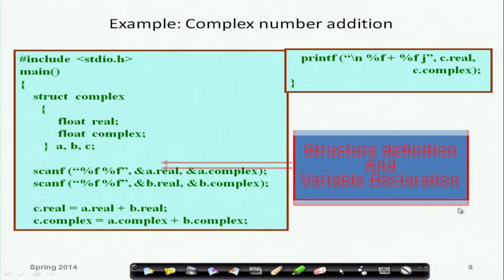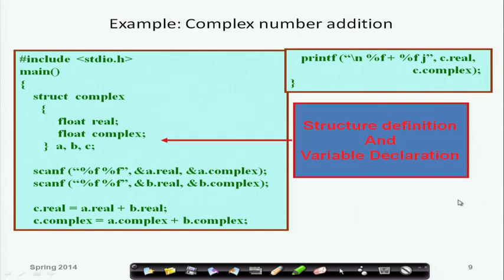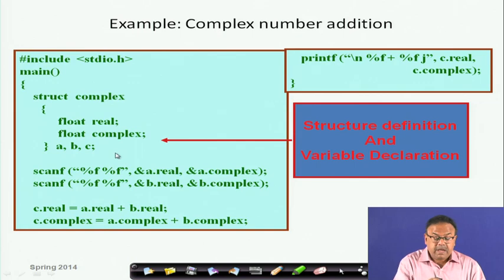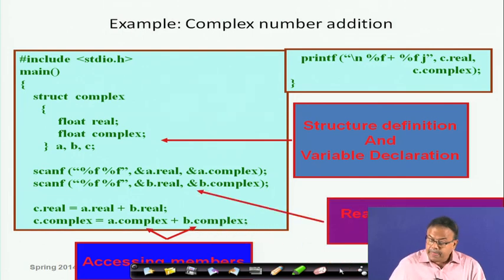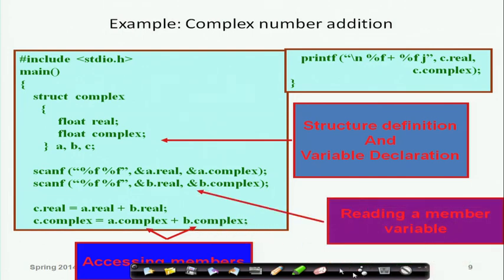Let us move ahead. If you note here, you have got the structure definition specified, and here the variable definitions, and here we are doing the reading and adding them part by part. How am I accessing the members? I am accessing the members using this dot operator, and whenever I am reading, I am actually reading the members, I am not reading the structure as a whole.